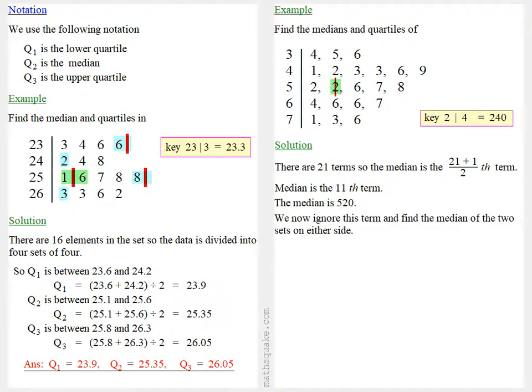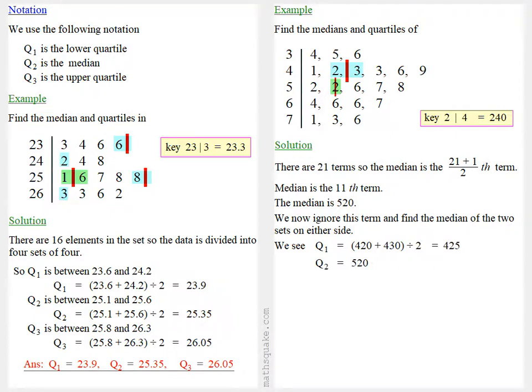We now ignore this term and find the median of the two sets on either side. Now there are 10 numbers in the lower half, and so the median of the lower half lies after the 5th number. That means Q1 is the mean of 420 and 430, which is 425.